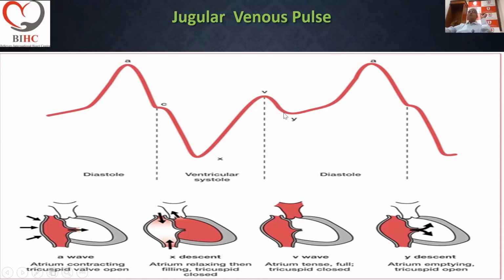As the tricuspid valve is opening, pressure rapidly drops, and that elicits the Y descent. Now, as the Y descent progresses, at a later point in diastole, the atrium is contracting and the next A wave comes. So this is how the different cycles are related to events in the jugular venous pulse.